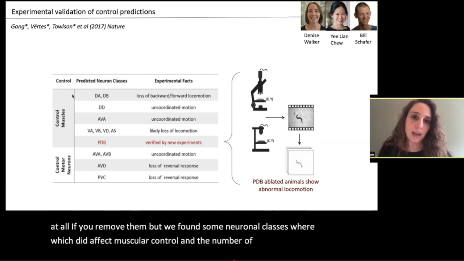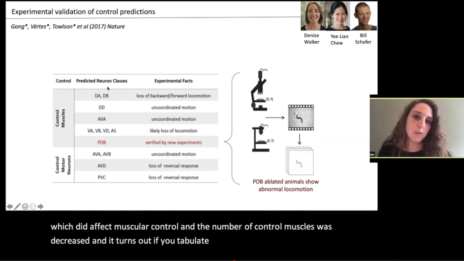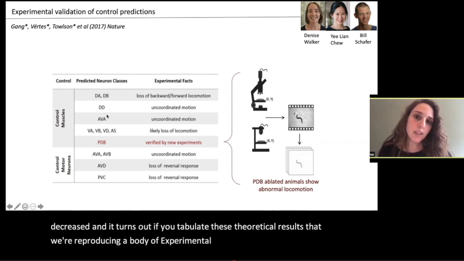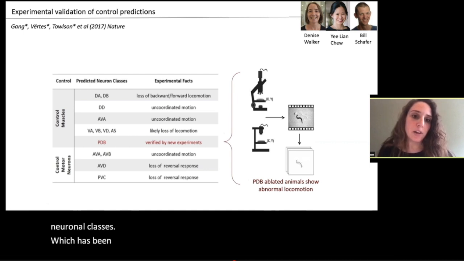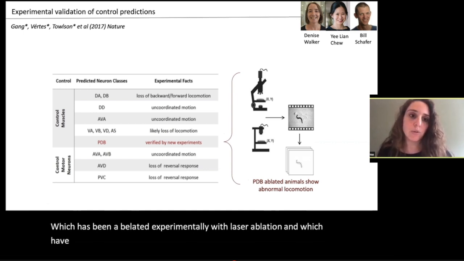And it turns out, if you tabulate these theoretical results, that we're reproducing a body of experimental work showing these same neuronal classes, which have been ablated experimentally with laser ablation, and which have led to uncoordinated motion or lack of locomotion altogether as a result of these ablations.